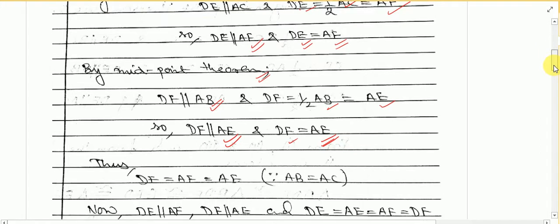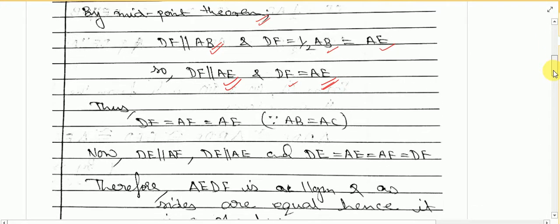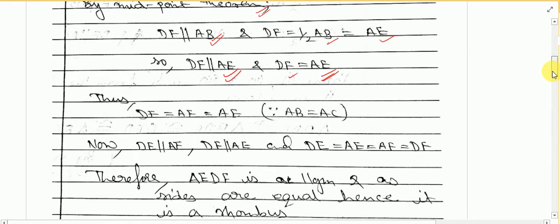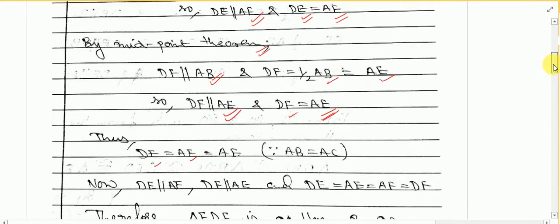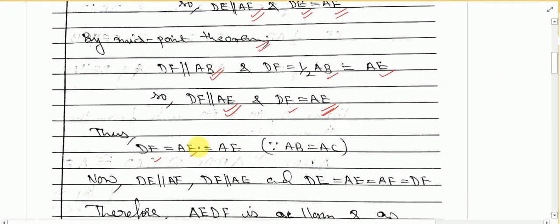Done. So thus DF is equal to AE. So here DF is equal to AF, and that is equal to AE.